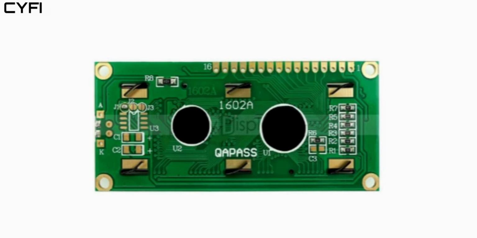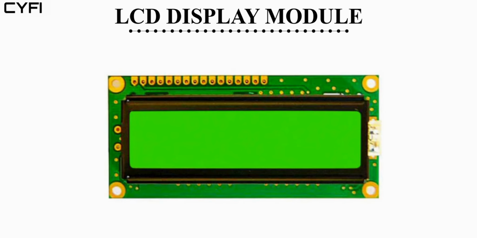There is one more important point here. There is a V0 pin, which is a contrast control pin. It is a very important pin which adjusts the screen clarity. It is usually connected to a potentiometer. If not set properly, the screen may look too blank or too dark.